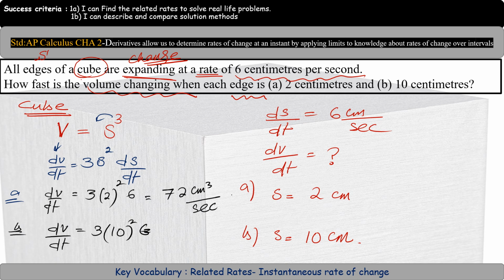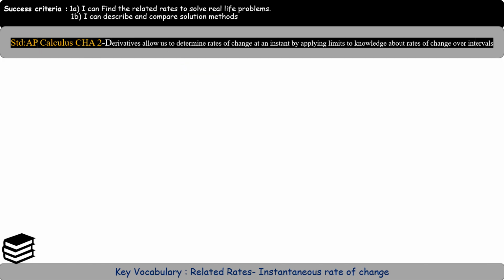Now for the second one, just change s from 2 to 10. You will get 3s square, so you will get 1800 centimeter cube per second. This is our answer and this is the way we calculate our volume.